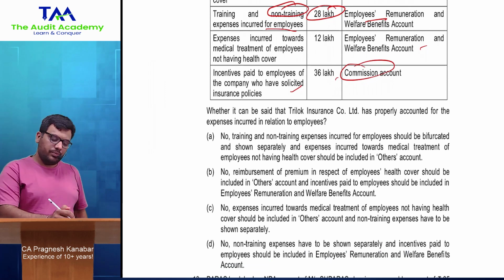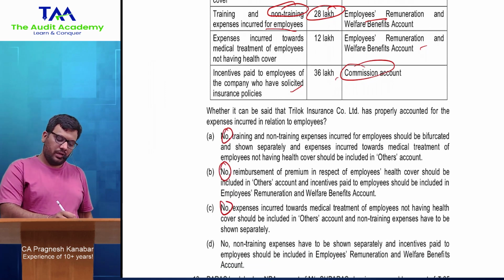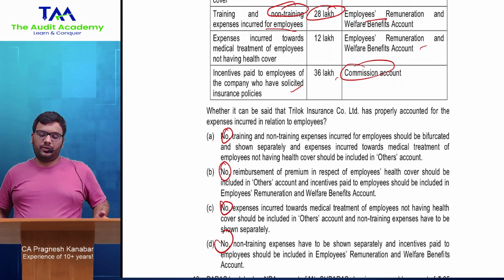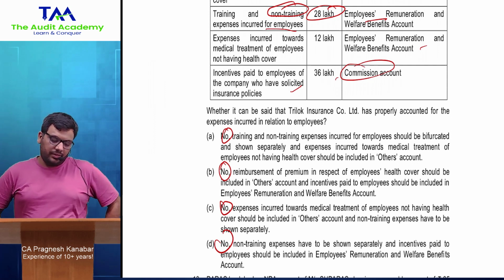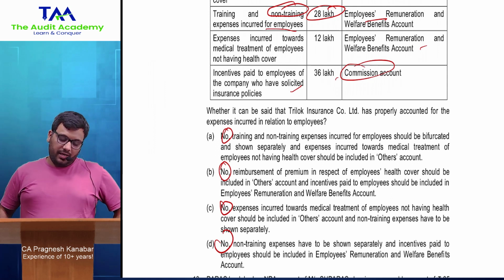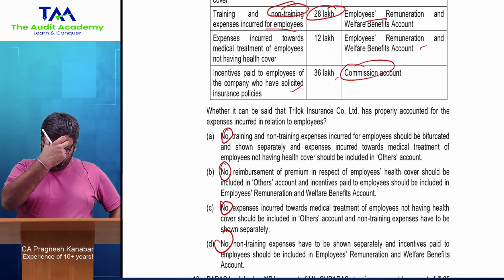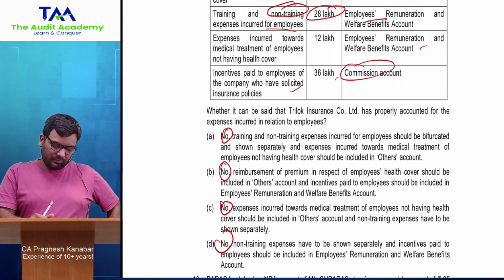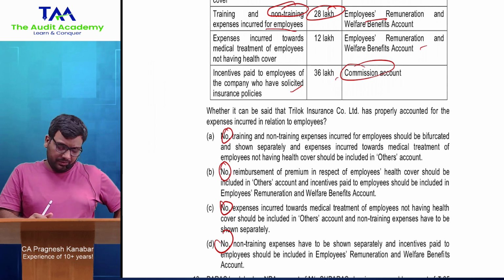Now all the four options are no, no, no, no. Now this is what I call a quality MCQ, where you'll have to read it and then come to the right answer. Training and non-training expenses incurred for employees should be bifurcated and shown separately, and expenses towards medical treatment of employees not having health cover should be included in others account. Does not sound proper. Reimbursement of premium in respect of employees health cover should be included in others account.